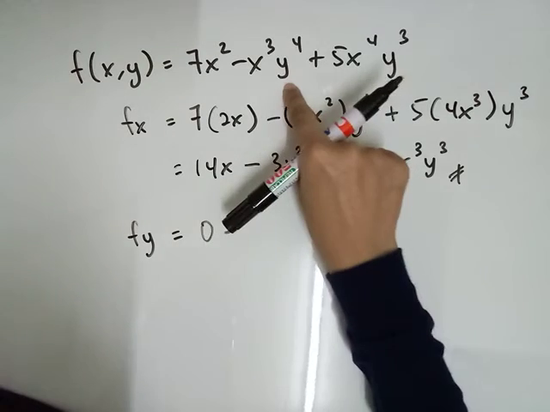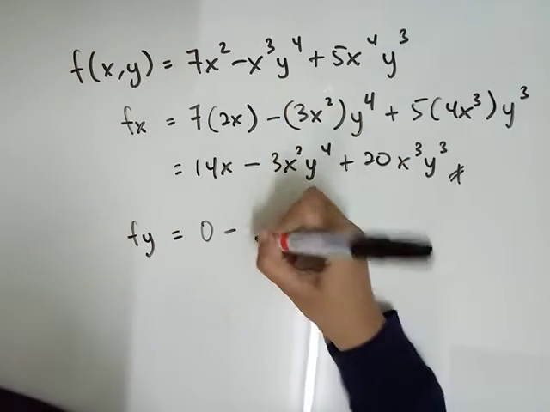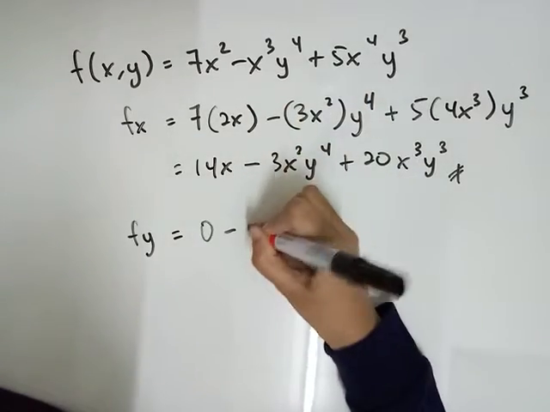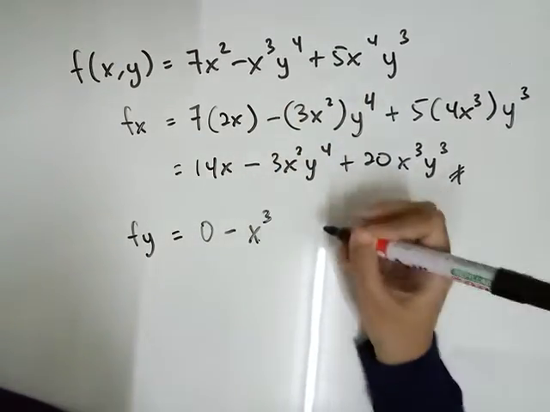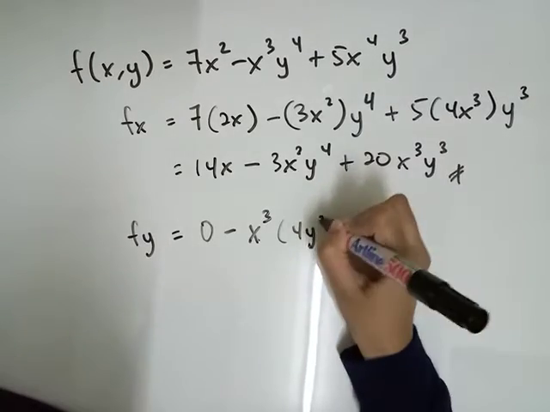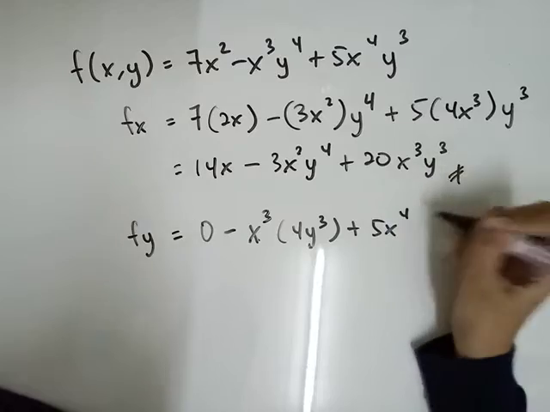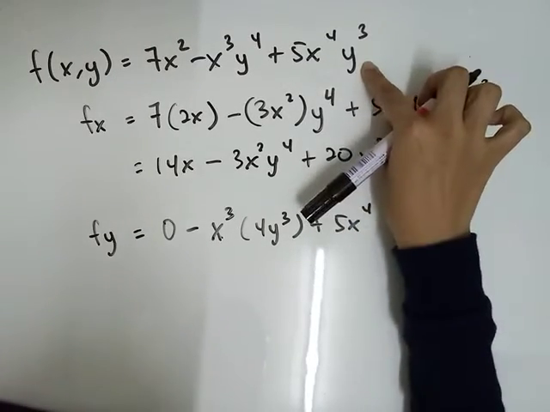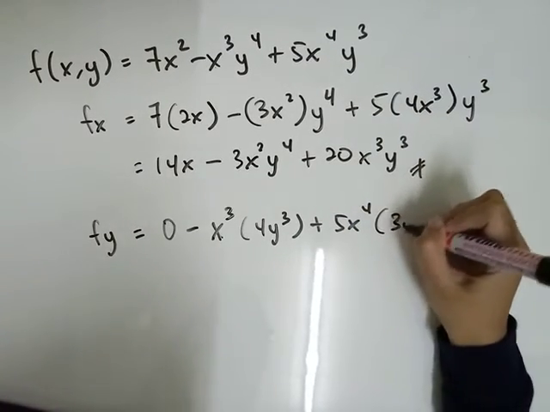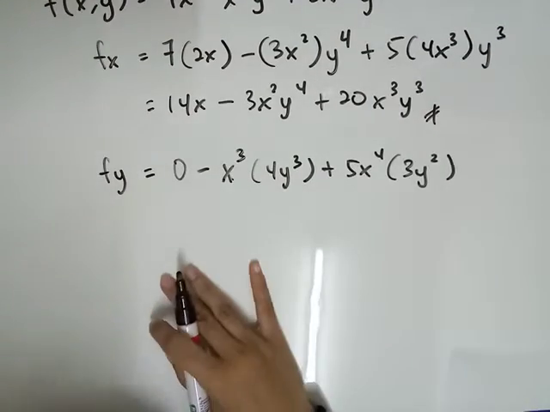And then y power 4, differentiate, we get 4. x cubed is a constant. Y power 4, differentiate, 4y cubed. Plus 5x power 4 is a constant, and then differentiate y cubed, we get 3y squared. We only differentiate with respect to y.